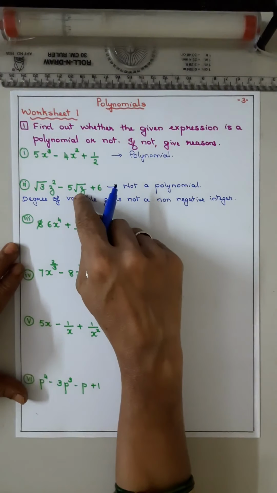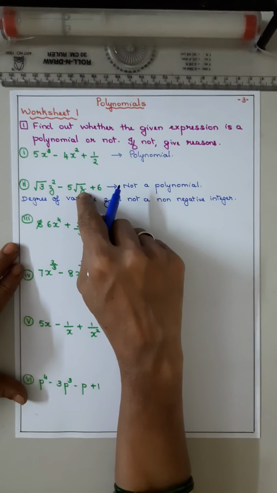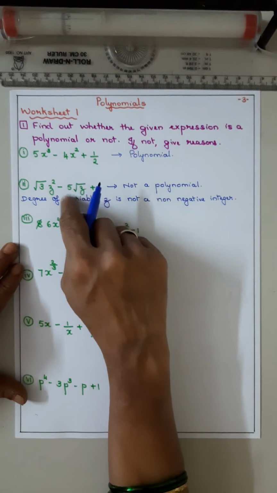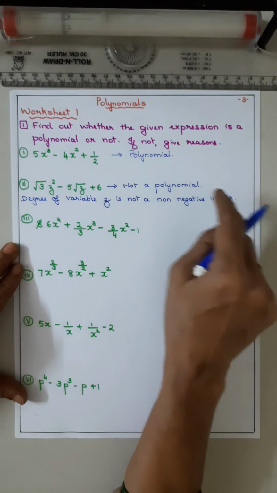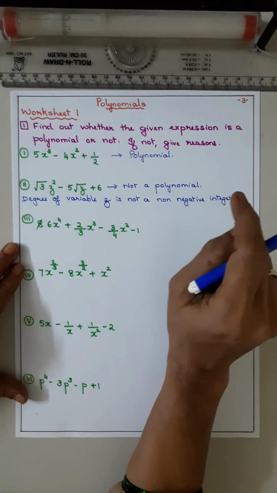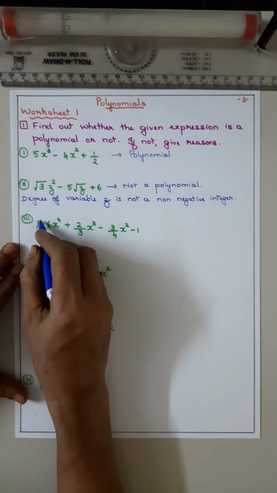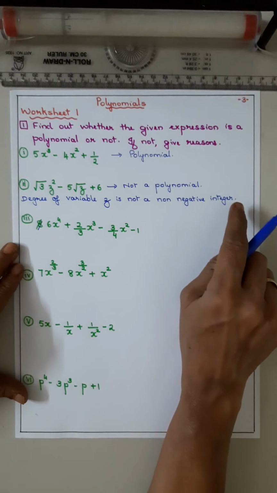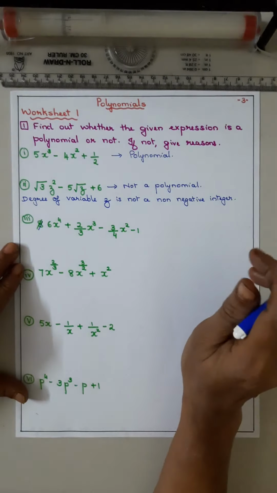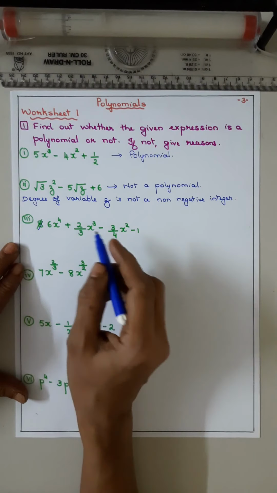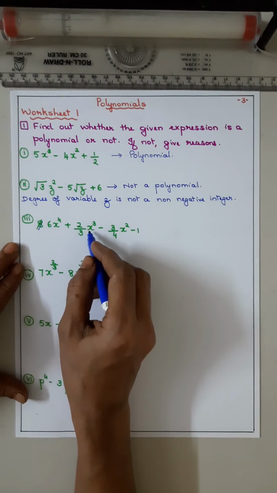Non-negative integer. So z, the root z means what? Here it is 2 but here root z, z to the power 1 by 2. 1 by 2. It's not a non-negative integer. Okay. So it should be a non-negative integer.